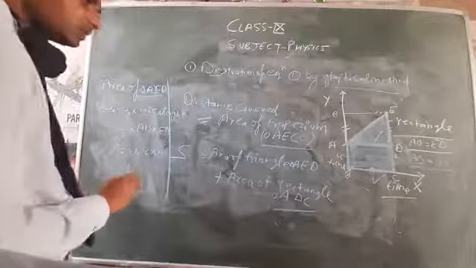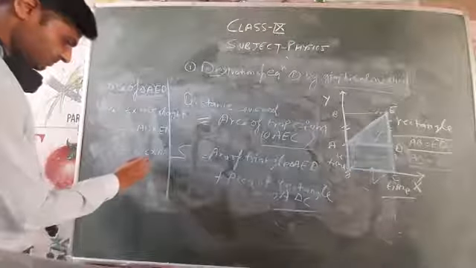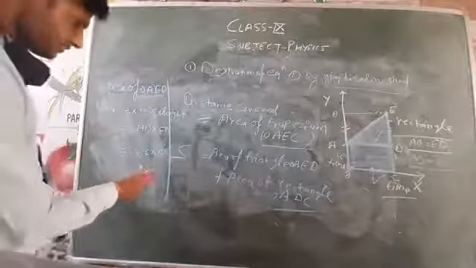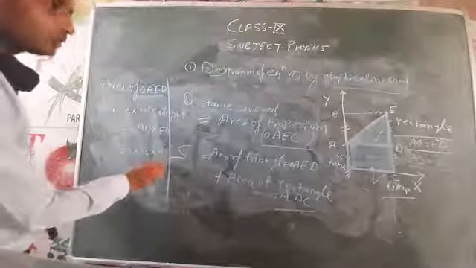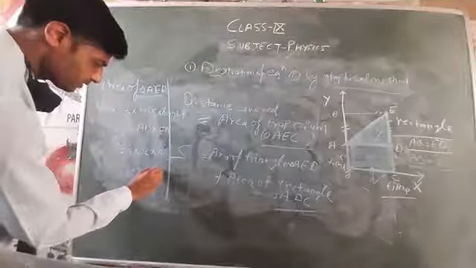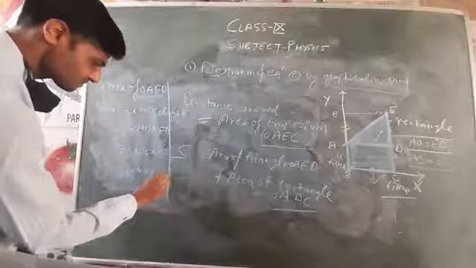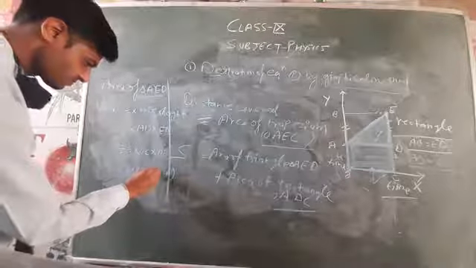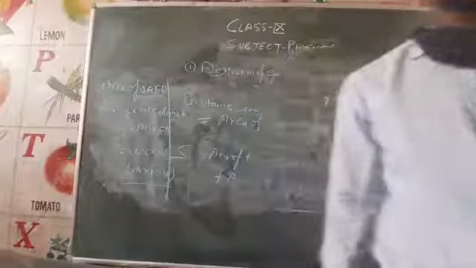And as you know, the value of OC is t, and the value of AB is equal to OB minus OA. Okay, I hope you understand.